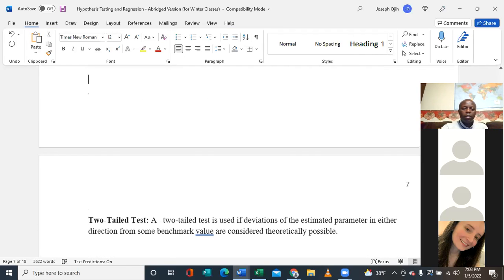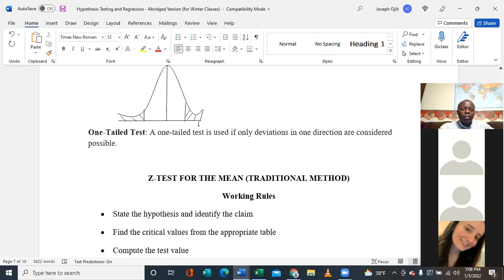Okay, good. You can see that it has two tails, the left tail and the right tail.